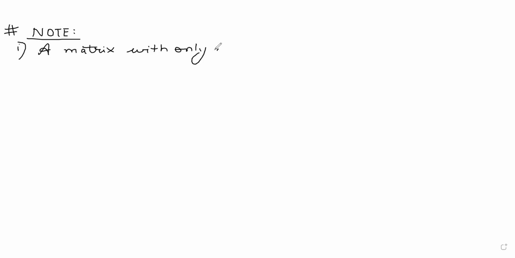Now let's write what is meant by a row vector. So you can write a note. Within the note, the first point: a matrix with only one row is called a row vector.